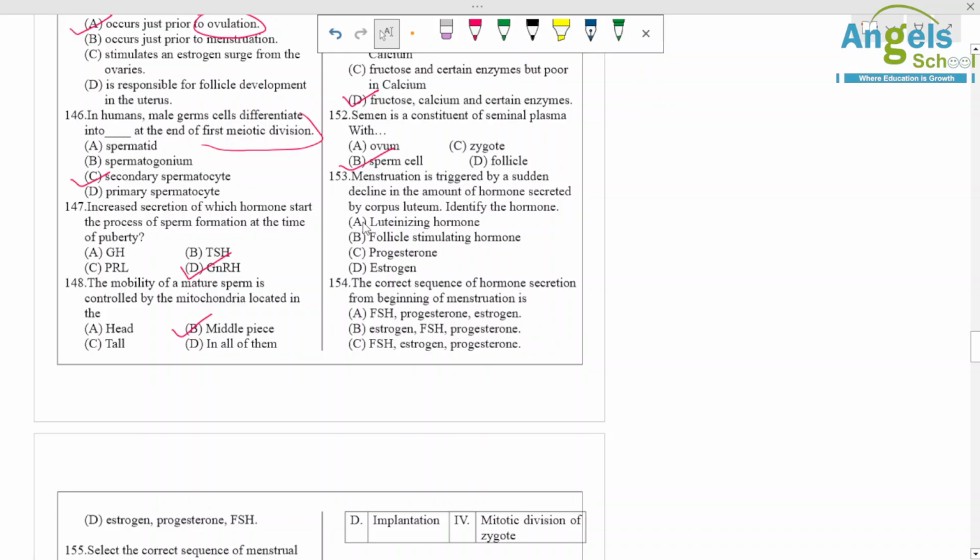Menstruation is triggered by a sudden decline in the amount of the hormone secreted by the corpus luteum. Identify the hormone.